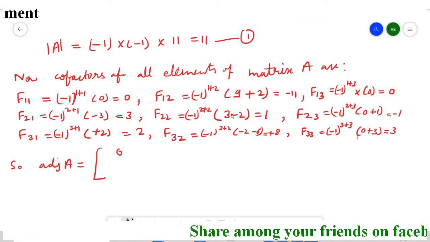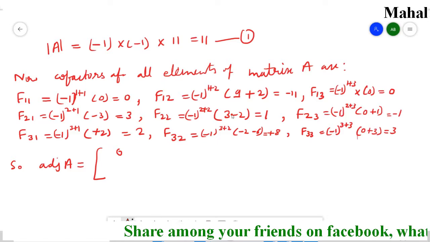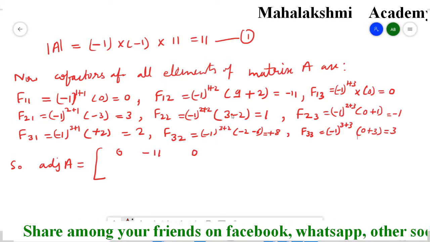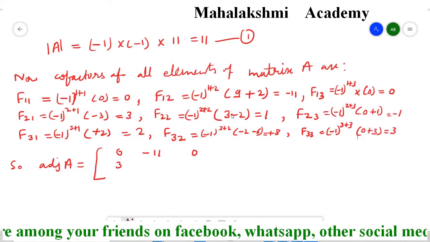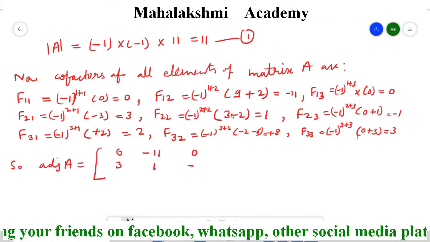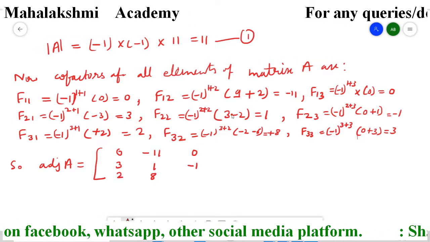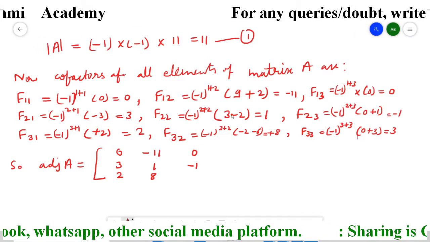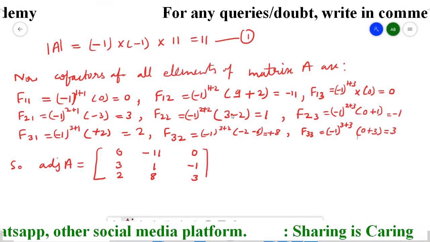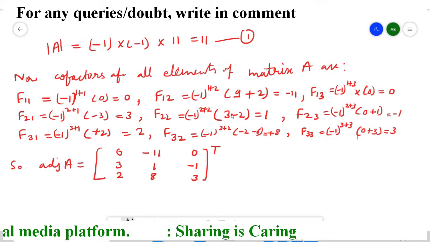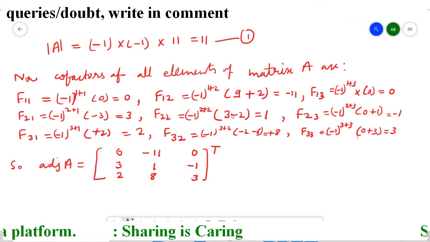It's going to make the first row, then we'll do the transpose of it, that is -11, 0, 3, 1, -1, 2, 8 and 3. For the adjoint, after writing the cofactors, we must do the transpose of it.